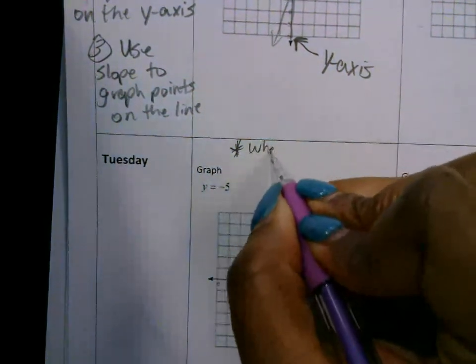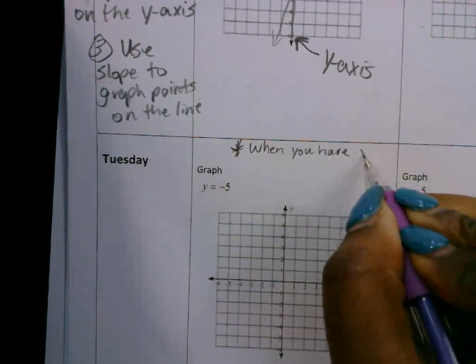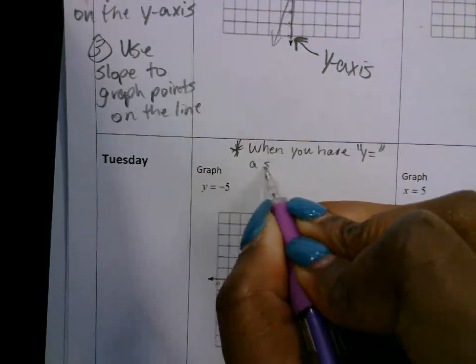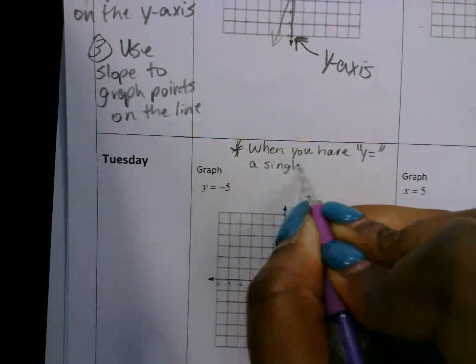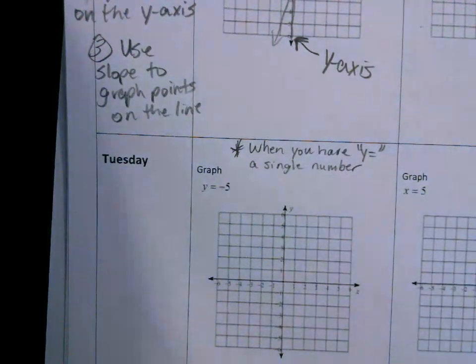So when you have y equals a single number, the line is going to go through the y-axis.